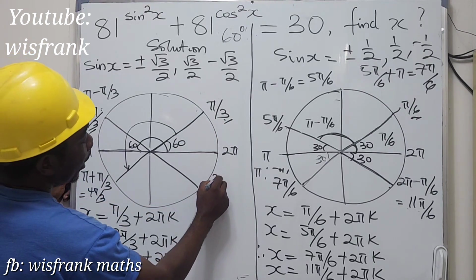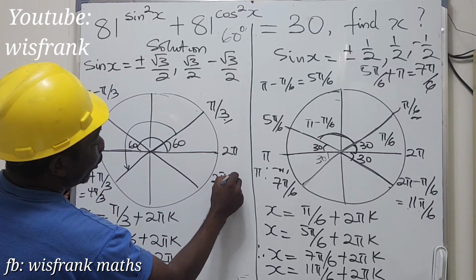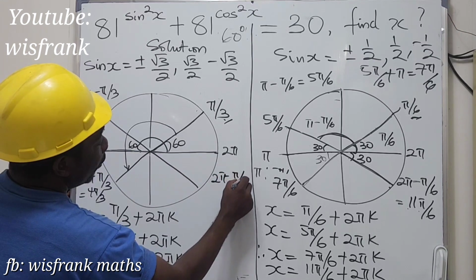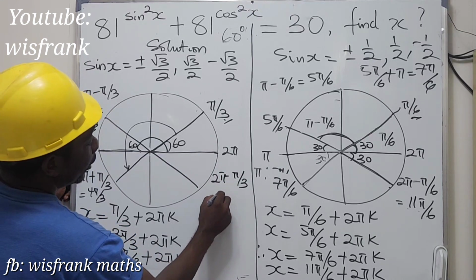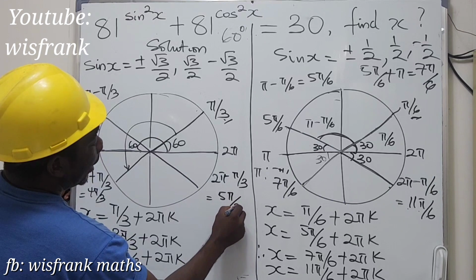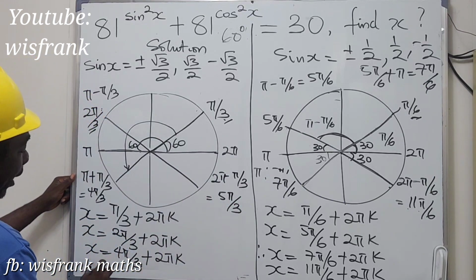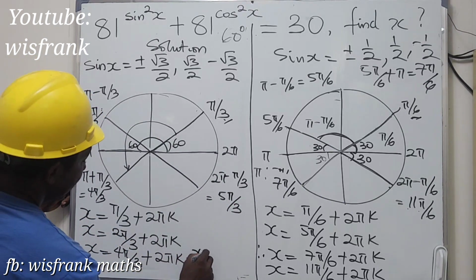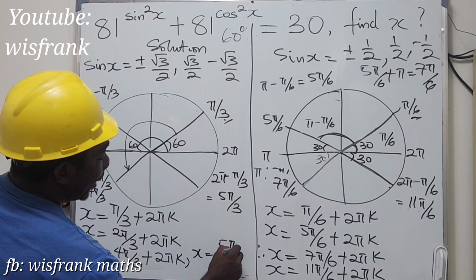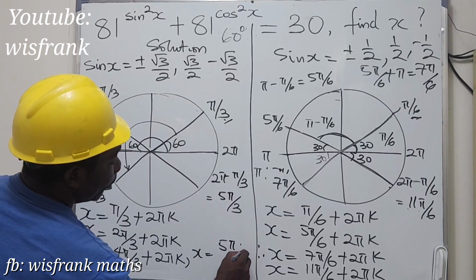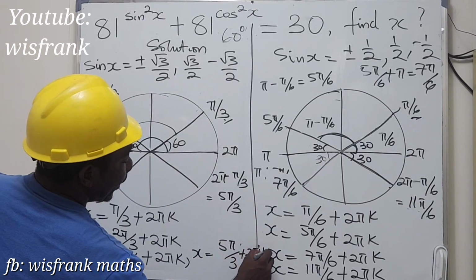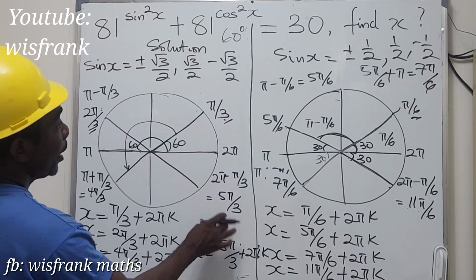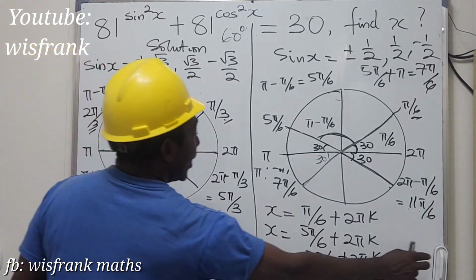So this will give us 5 pi all over 3. So the fourth value of x here will be x equals 5 pi all over 3 plus 2 pi k. Here we can rearrange this and write it well.